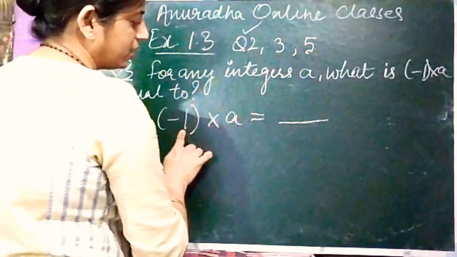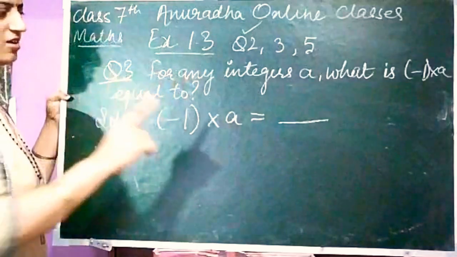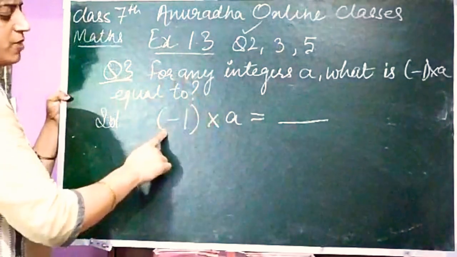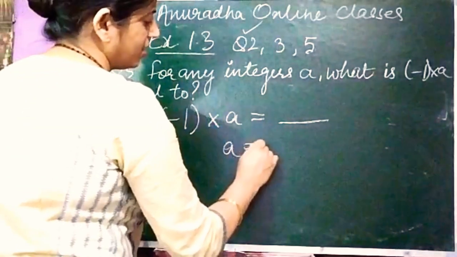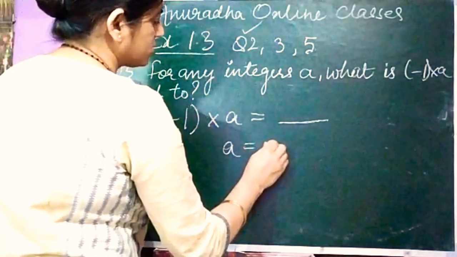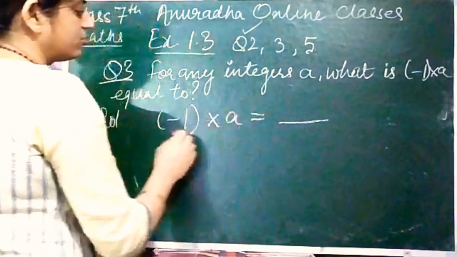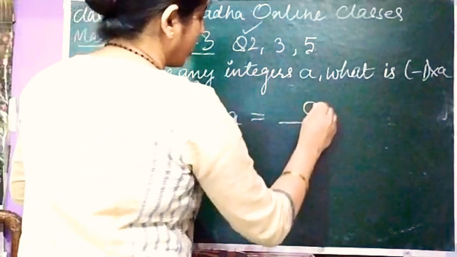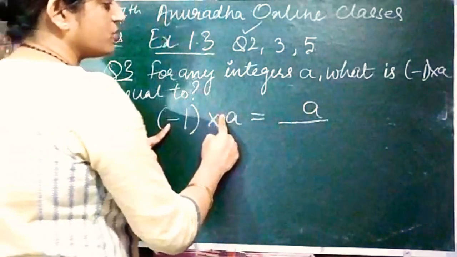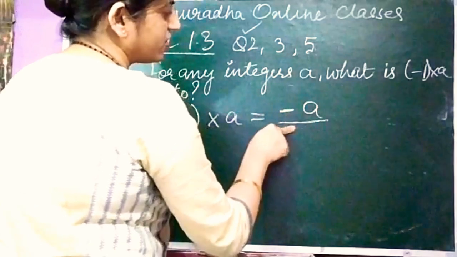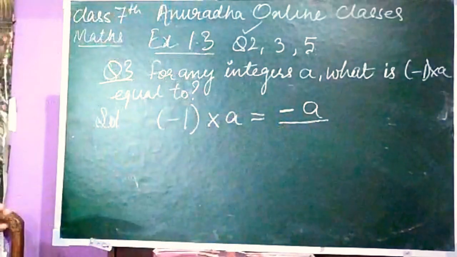Minus 1 means one negative sign is there and here it is positive. So simply write it over here. 1 into A is A, and negative into positive is negative. So answer will be minus A.